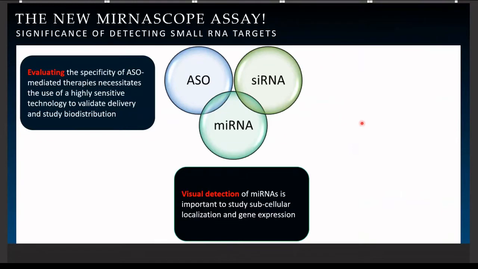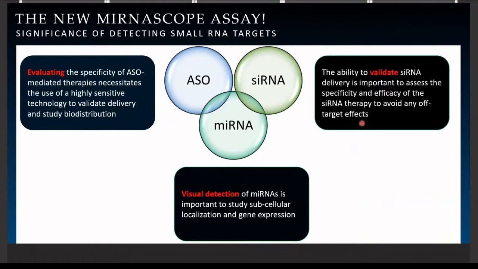Then you have your microRNAs, which are known to have pathological significance in a number of disorders. So in research to understand the expression pattern of microRNAs, you can use our new microRNAscope assay to study the different microRNAs. And siRNAs, again, are your synthetic oligos, which are used as therapeutics because of their specificity against the target of interest.